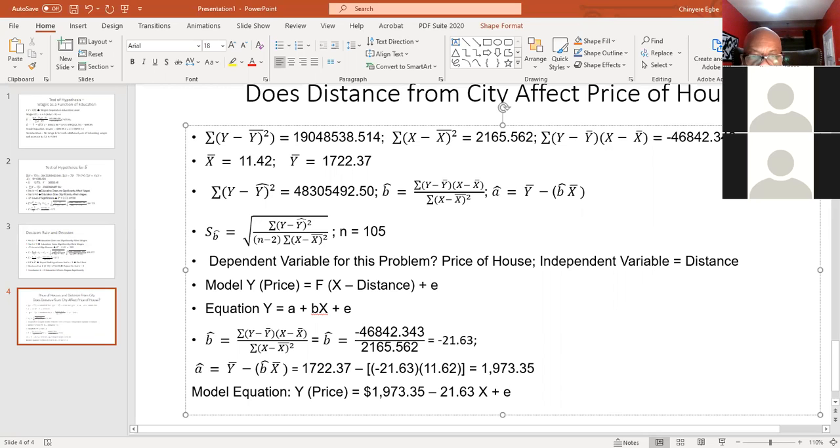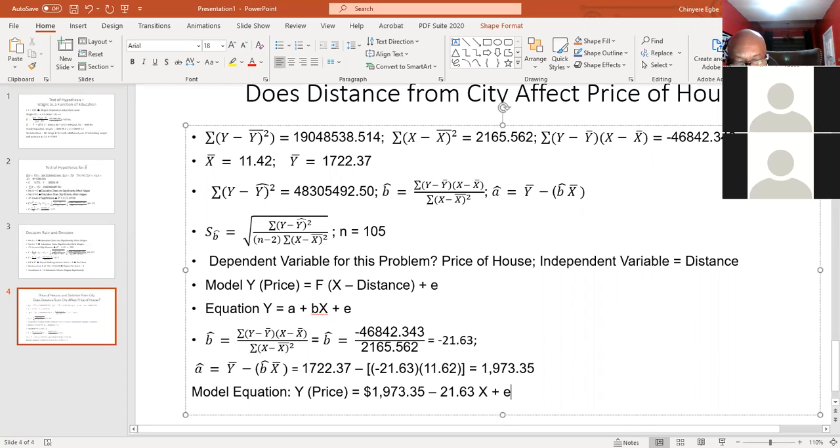The next thing we're going to do is the test of hypothesis. Now, what does this model equation mean? It means simply that the price of a house, this is in the hundreds, so let's forget about the small value here.